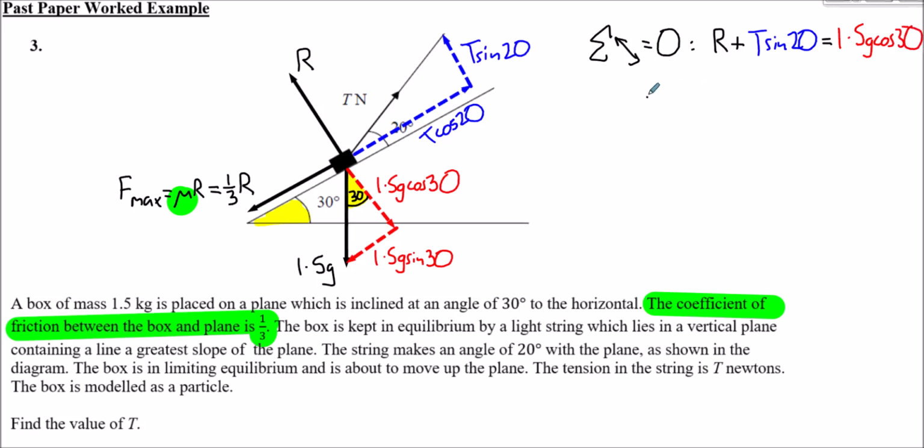Rearranging, we can therefore see that R is 1.5 g cosine 30 minus T sine 20.